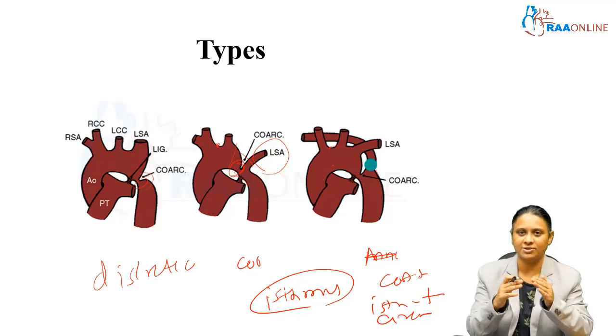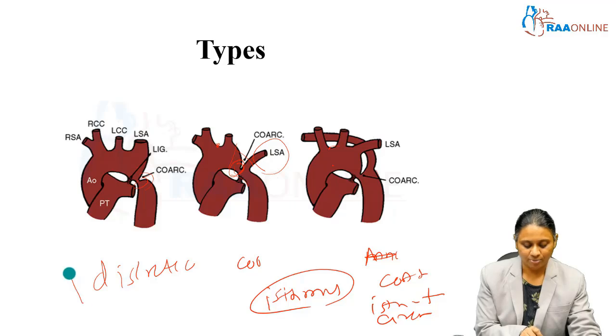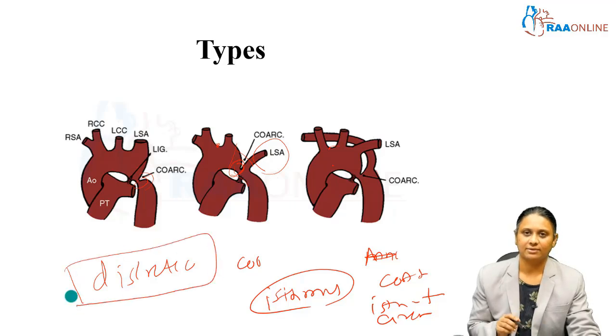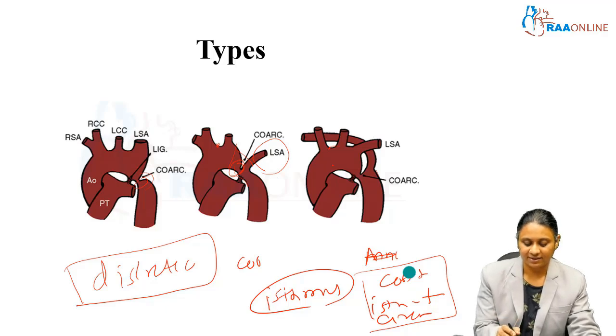So that is called arch hypoplasia. 3 common types: the adult common type is a discrete COA. The second type is isthmus hypoplasia. The third type, which is the commonest type found in neonates or fetal scan, is the hypoplasia of the arch, isthmus and the COA.